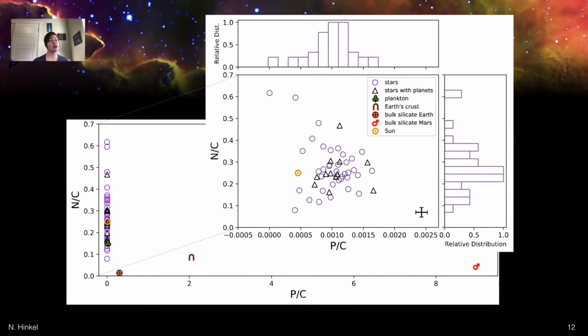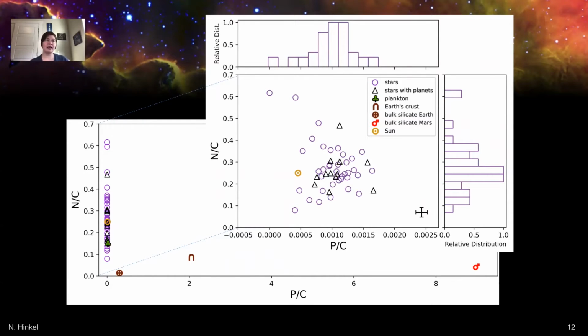So that's not just the stars, which actually occupy a fairly small section of the phosphorus to carbon molar ratio range, but you can see how much these different ratios vary, especially with respect to solar system planets.